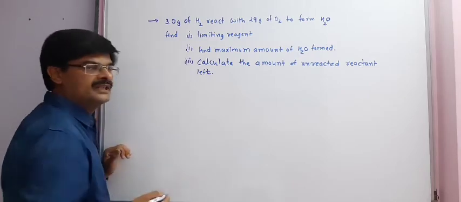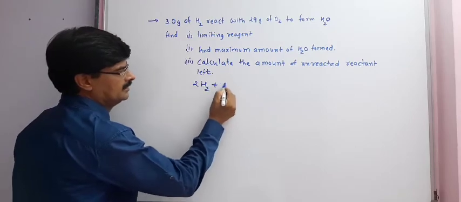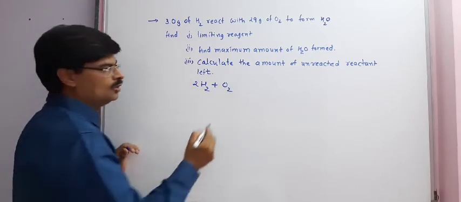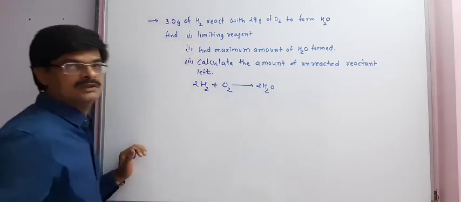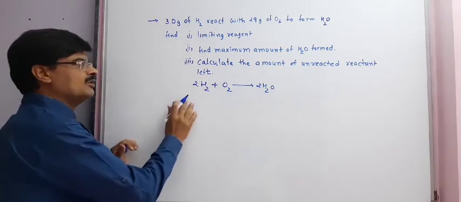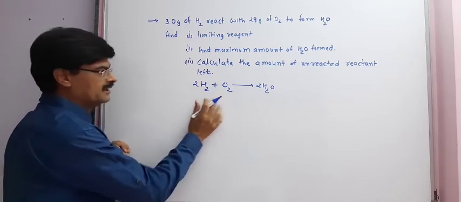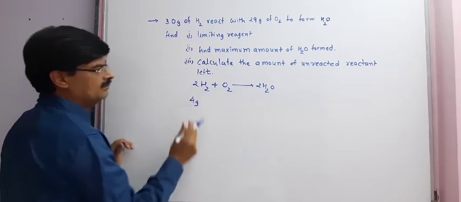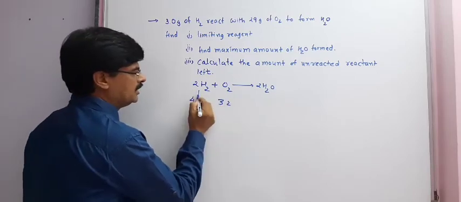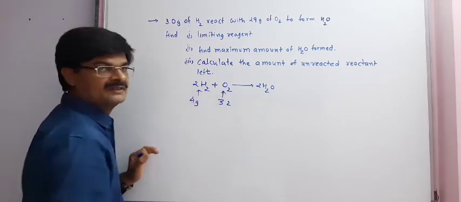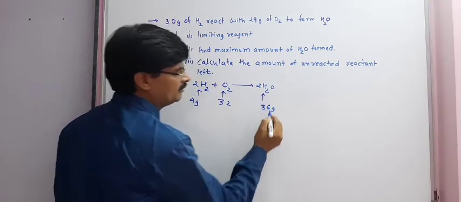First of all, we'll study the reaction between hydrogen and oxygen: 2H2 plus O2 will give 2H2O. So in grams, 4 gram of hydrogen and 32 gram of oxygen give 36 gram of water.